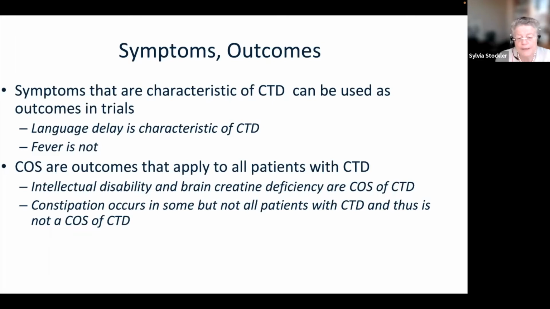And language delay definitely is something that we know is very characteristic, for example, of creatine transporter deficiency. But children with creatine transporter deficiency also could have fever or cough or runny nose or diarrhea, right? Things that any other child could have as well. So this would not be an outcome in a clinical trial. We would not look at these kinds of common disorders that everybody can have.